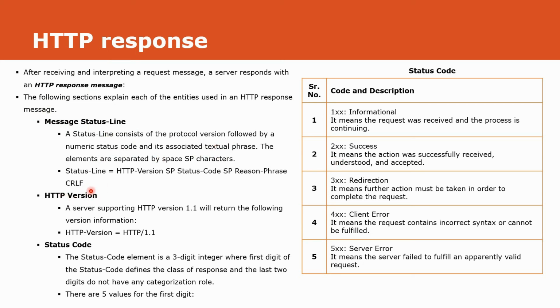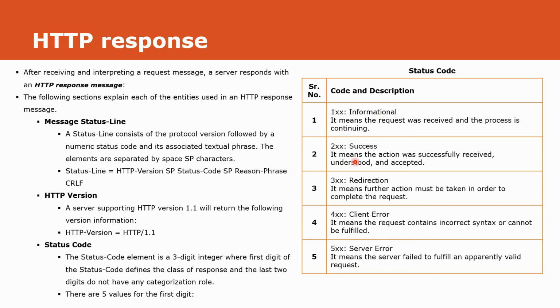The HTTP version, which is the current HTTP protocol version we are using, and the status code. The status code has 5 different parts or categories. The first one is informational. That means additional information provided by the server, and it starts with 1.